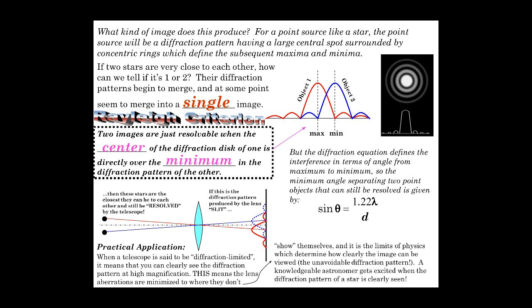So you have to have everything just right. So the limits of physics are what's limiting the resolution rather than other imperfections of the lens and characteristics that you can't easily control, but maybe you can a little bit.